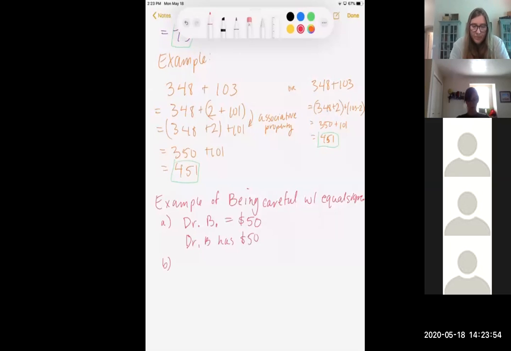Let's say that I want to say, okay, I'm going to do some rounding. $29.78 is equal to 29.45. Is that true? Is that appropriate use of the equal sign?